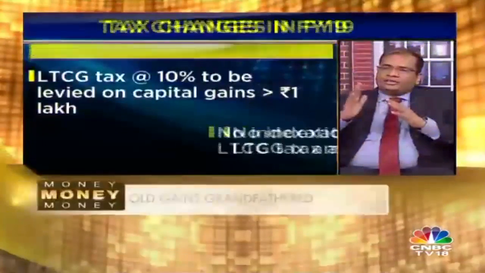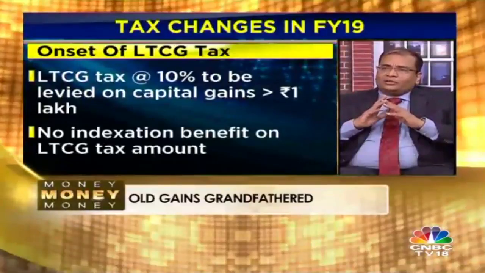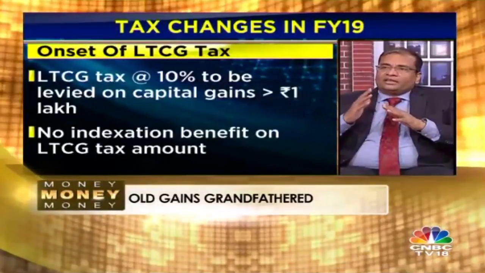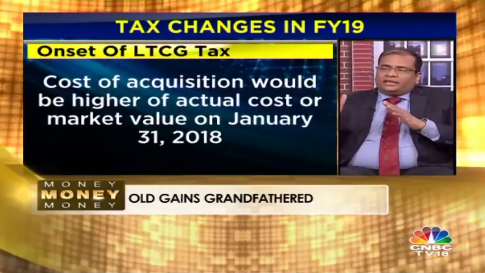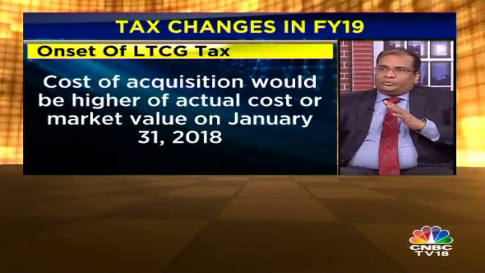Sure. Let me explain this by way of an example, it becomes much easier to understand. Say I had bought shares two years back at 100 rupees. It's a listed security, and as on 31st January, the market price is 150. And I sell it today at, say, 170 rupees.